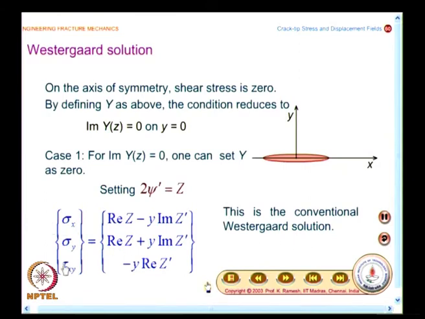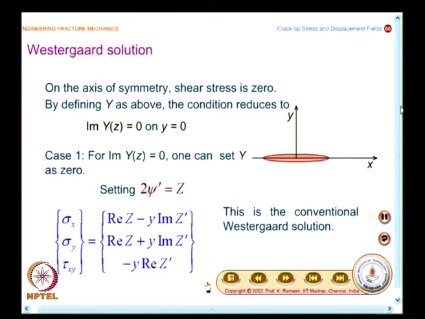Sigma x is nothing but real part of capital Z minus y imaginary part of Z prime, and sigma y equal to real part of capital Z plus y imaginary part of capital Z prime, and tau xy is nothing but minus y times real part of capital Z prime.